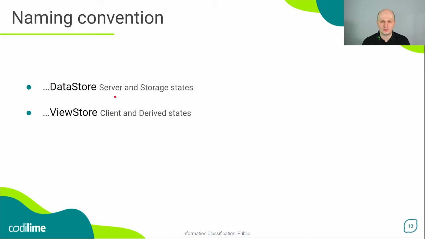The view store is a store which contains the client state, for example, modal opened or selected IDs, and it also should inject many other data stores or view stores. So the view store is some kind of facade and derived state for the component that we are working on.